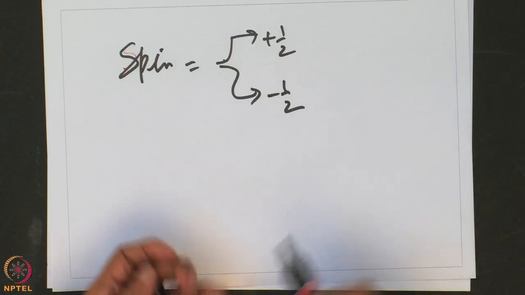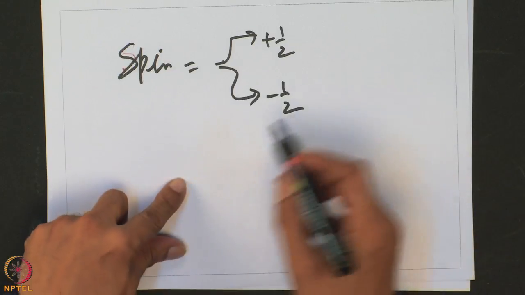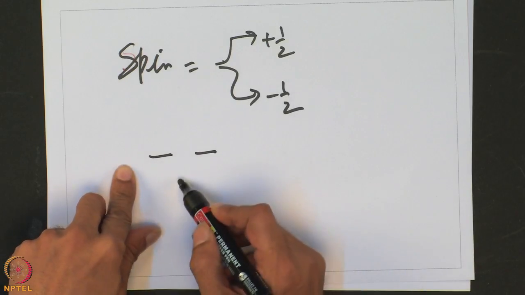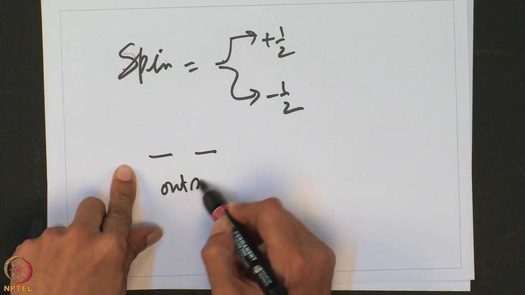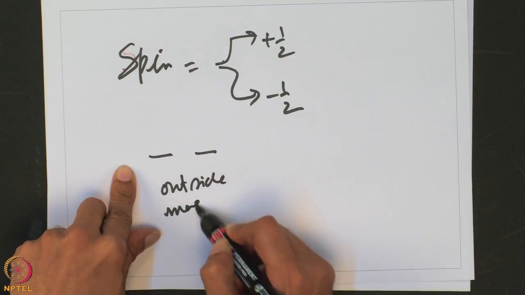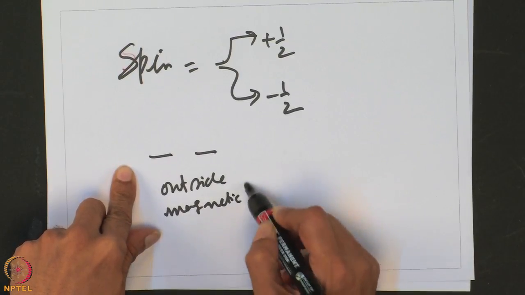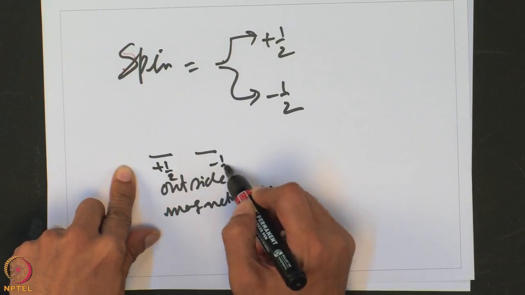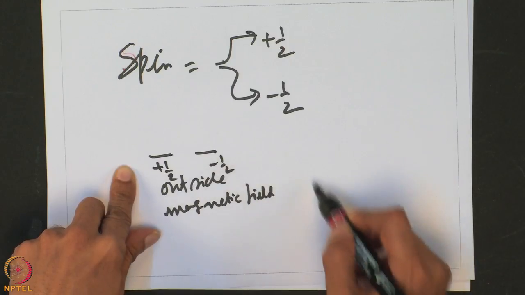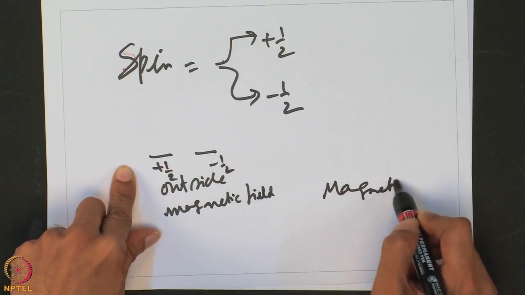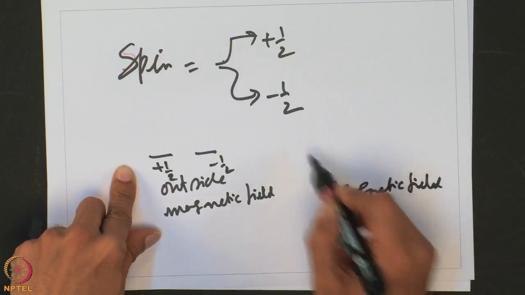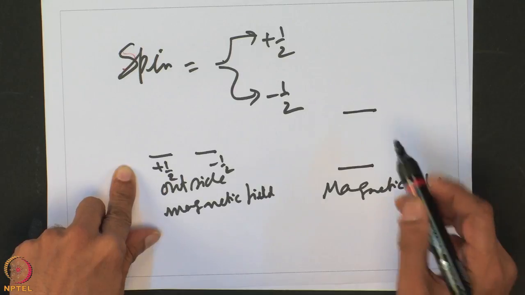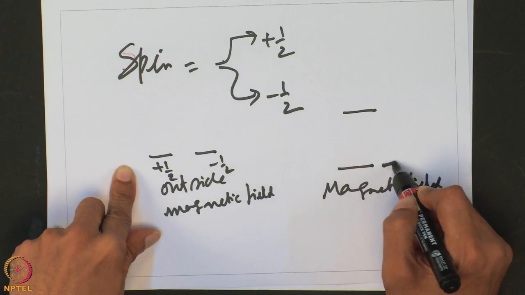These two have the same energy outside the magnetic field. So, let us say plus half and minus half, and you apply a magnetic field. In the magnetic field, these are split into plus half and minus half.